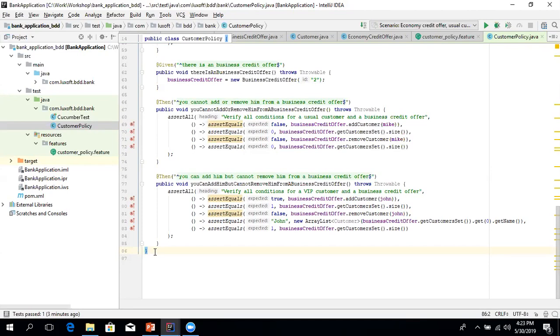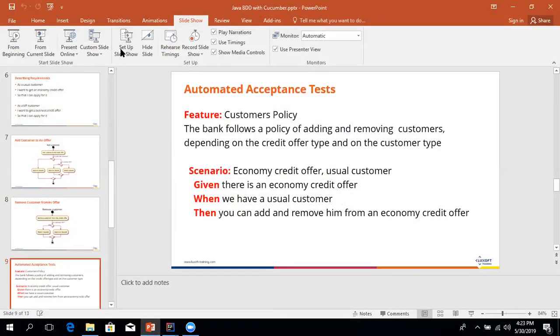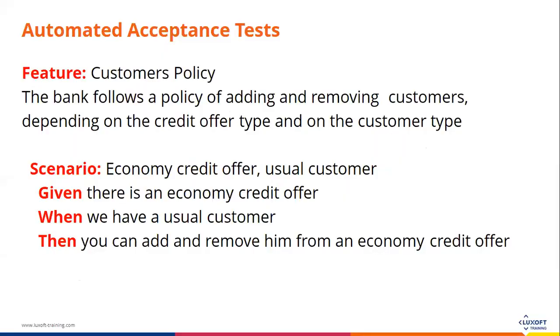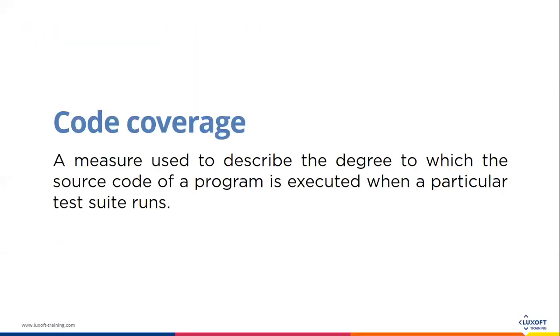What we should add? We may be concerned about the quality of our tests. We still have something to tell about this. You may ask yourself, or you may have heard about this code coverage as a metric of the quality of the tests.